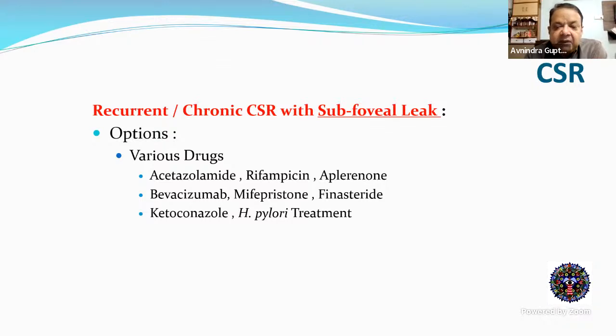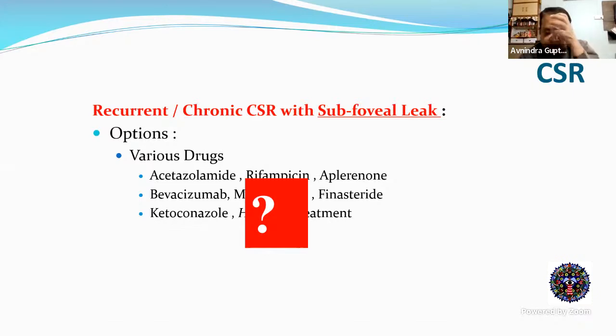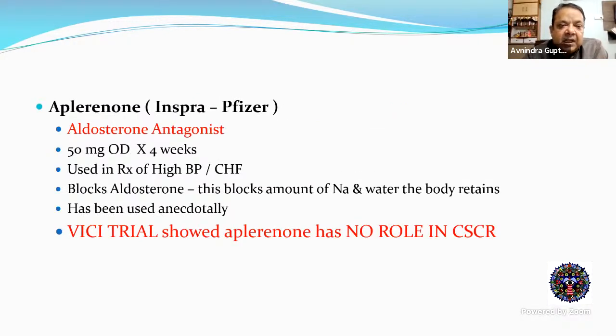Each of the treatments we'll discuss in detail, but these treatments are questionable. Nobody is sure which things work. But one thing which works is not available, that is photodynamic therapy.